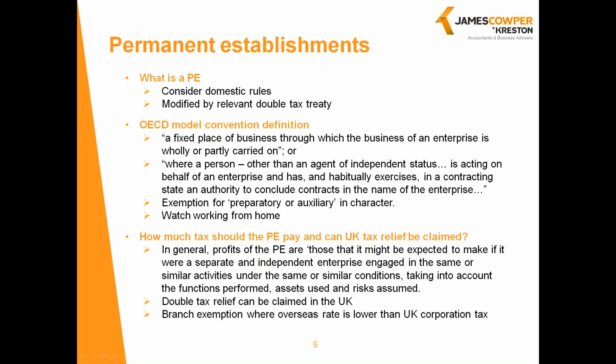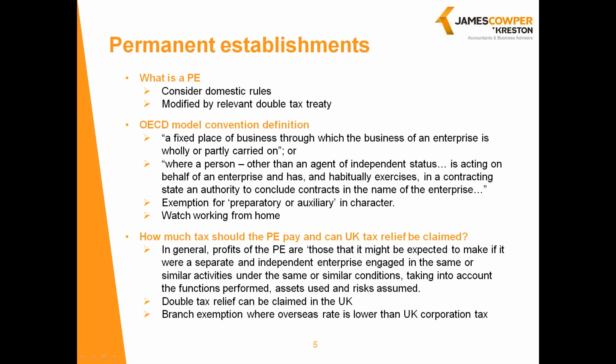There are some examples that are provided, which include an office, a factory, or a workshop, which are fairly straightforward to understand. But where it gets tricky is that it also includes a place of management, which has a much broader application, and therefore can catch scenarios where UK companies have employees working from home in those overseas territories.